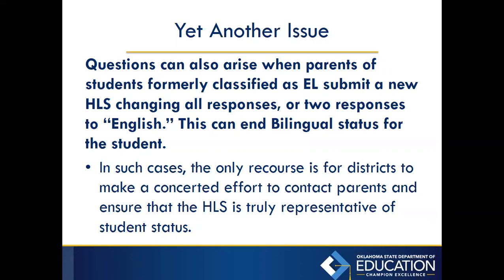So if a parent fills out a new home language survey and changes all the answers to English, then you don't get the state bilingual funding for that child anymore. So in these cases, really the only thing you can do is make an effort to contact the parents and make sure that the home language survey truly represents the student status.